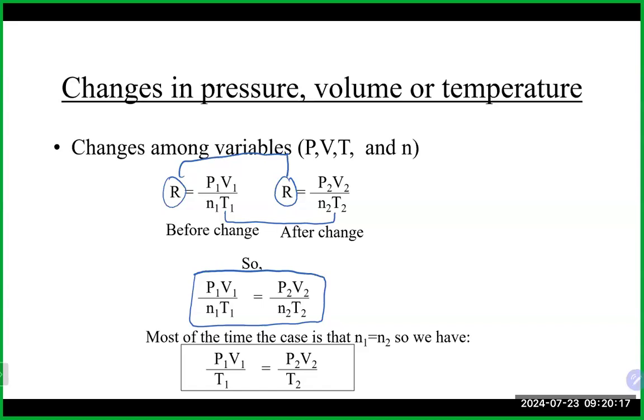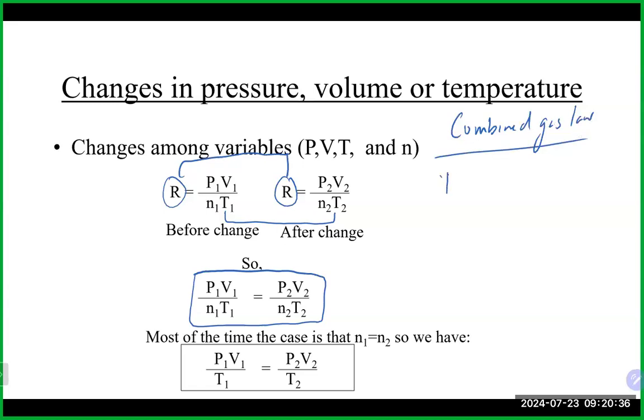In most cases, though, we really don't change the moles of gas, unless you open the top. So a lot of times this gas law is reduced down to the bottom version of it, and it is sometimes referred to as the combined gas law.